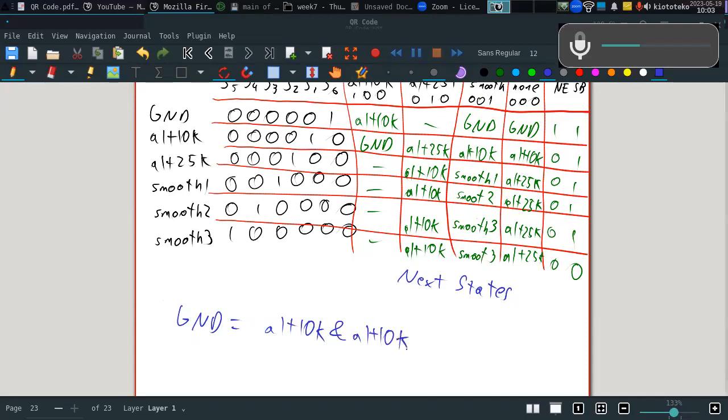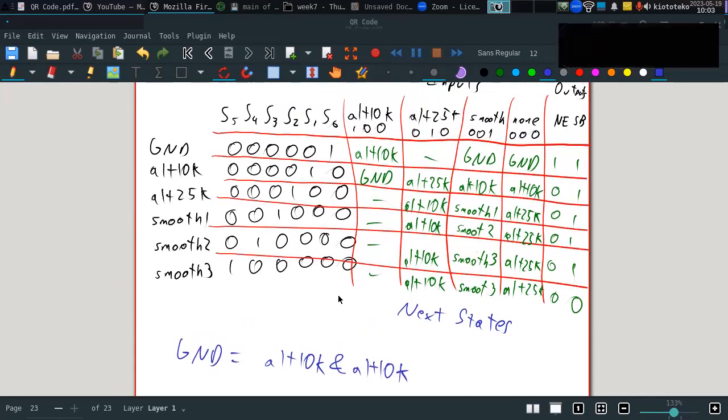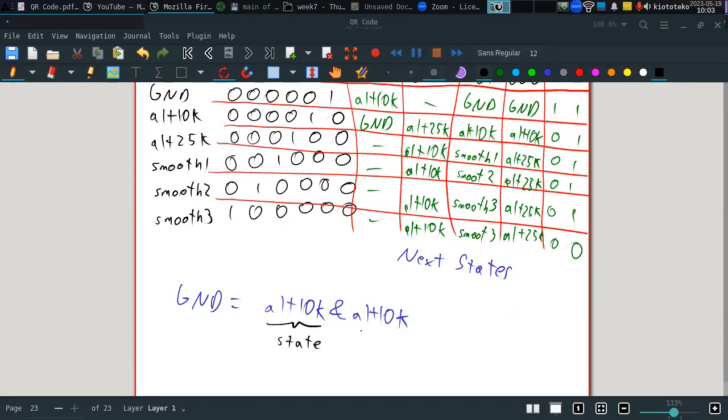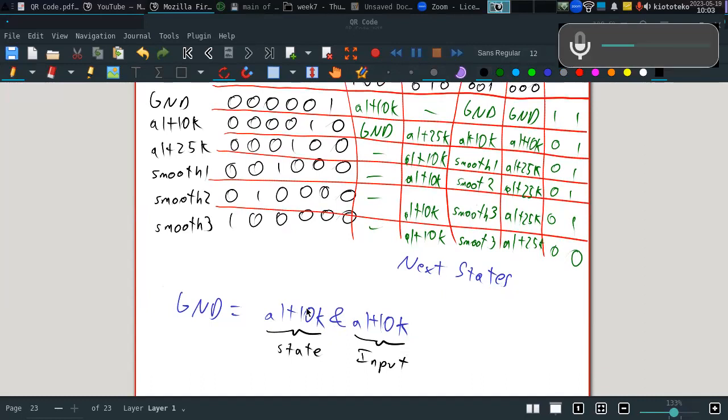Okay, this may not be the best way of expressing it. This is the Alt 10K state, and this is the Alt 10K input. So you are in ground if you are in the Alt K state and you receive the Alt K input.